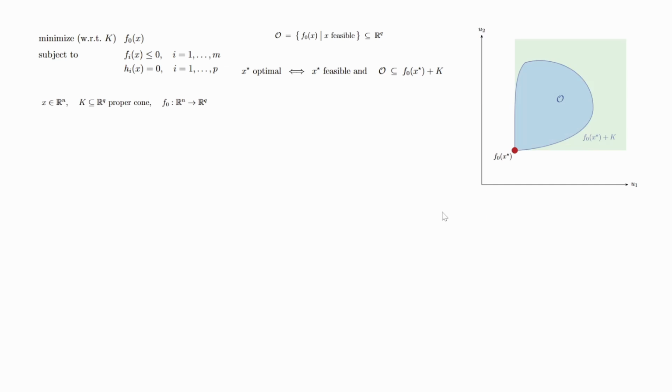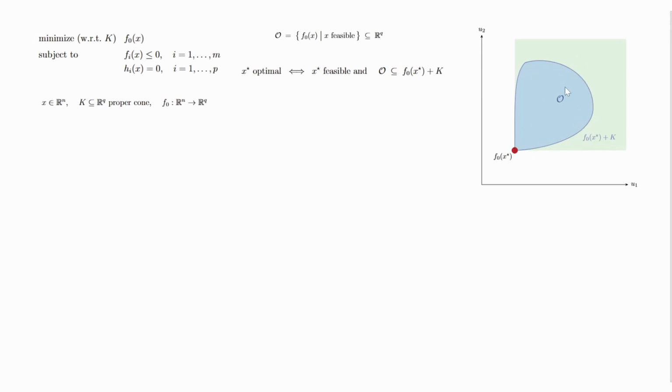Okay, so here's a diagram just to illustrate what I mean. This green box extending to infinity is the starting point plus K, which is in this case R^2 if you look at it carefully, and the feasible set is this blue region here.